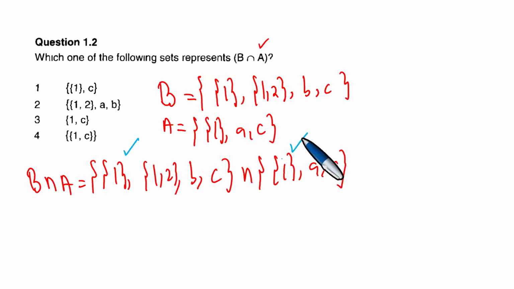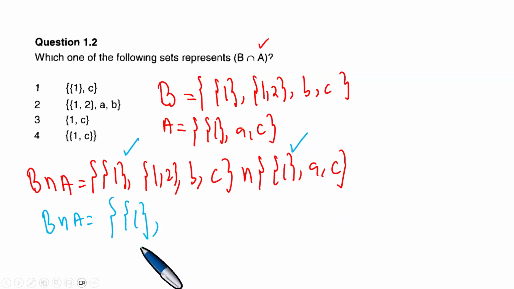We can see, therefore, that the elements which are singletons are common in both sets. We shall list the first singleton there. Next, we are able to identify that C is also a common element, and therefore we have exactly this.